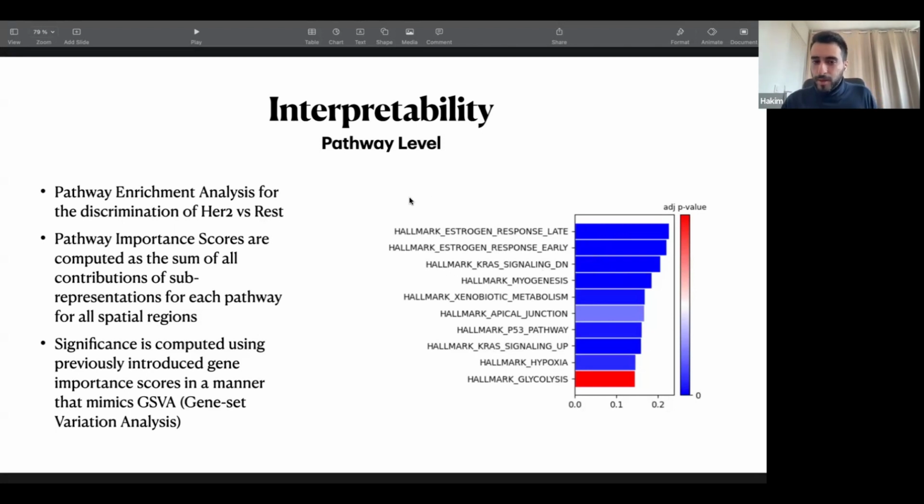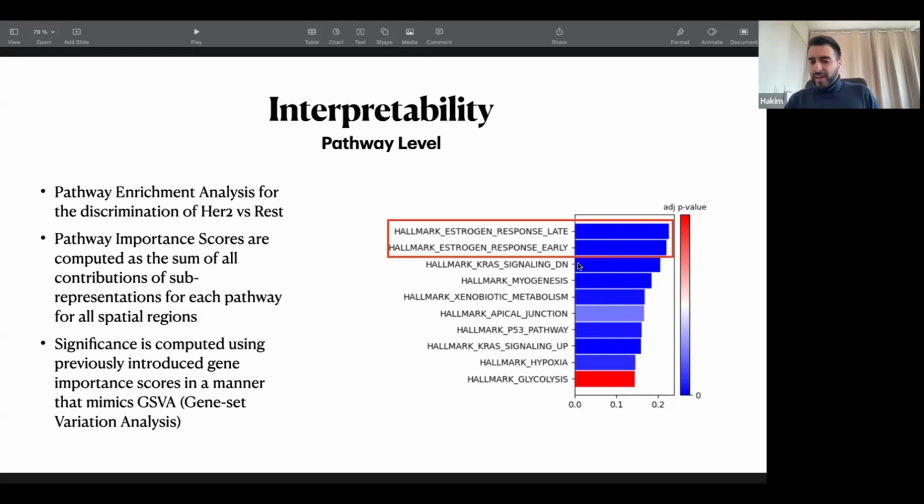So here, for example, for the discrimination between HER2 versus the rest of the molecular subtypes, we indeed see that the estrogen response is at the top of the pathway importance, which was predictable for breast cancer.